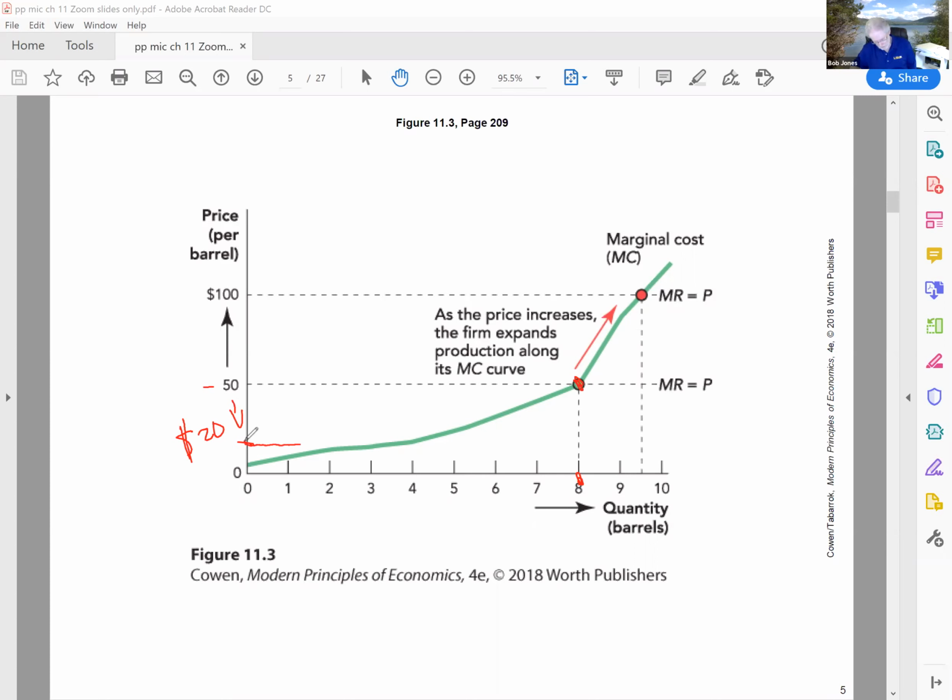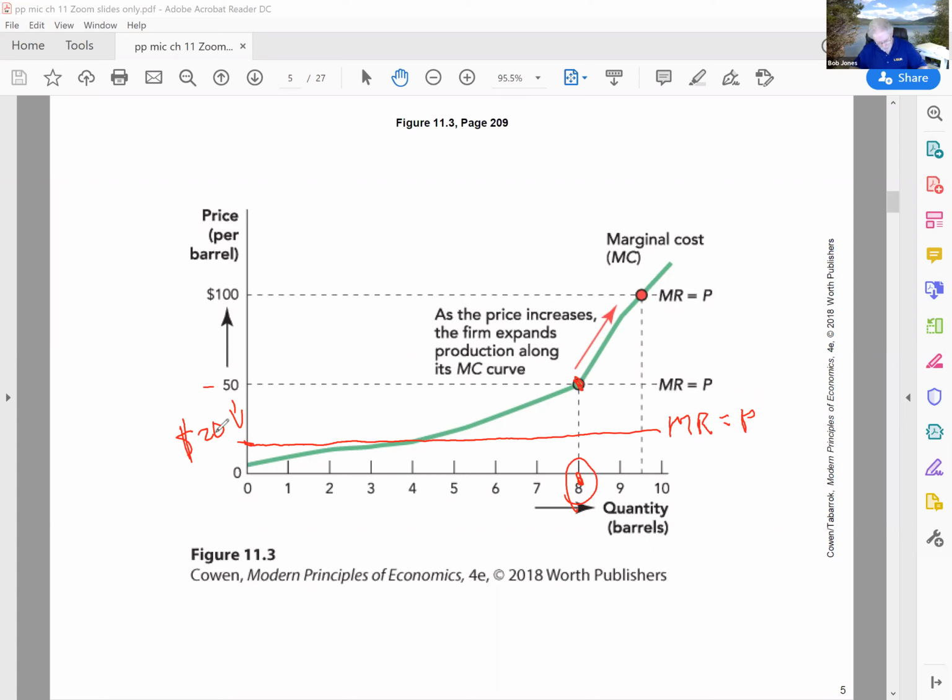And when the market price is now 20, their marginal revenue is now 20. Right? So before, when the price was 50, the producer had an incentive to produce 8 units.